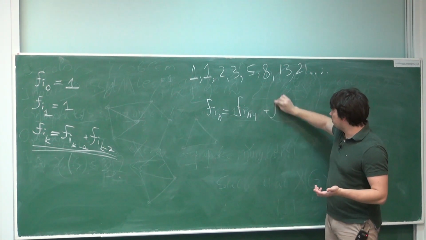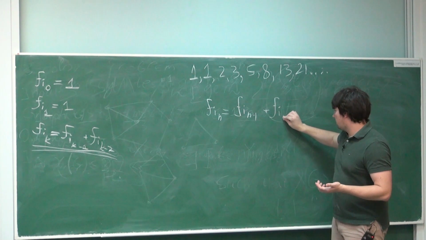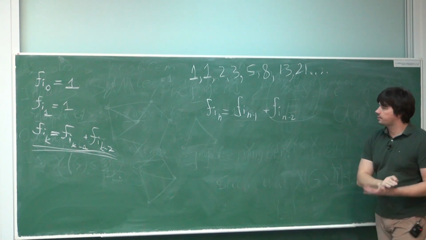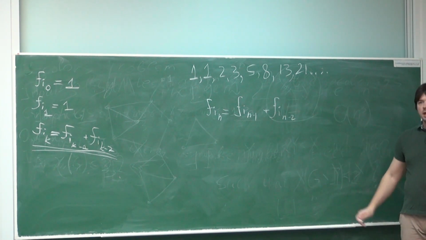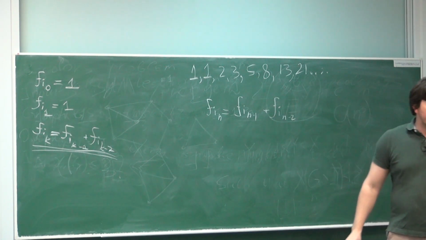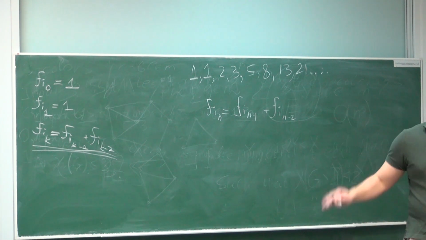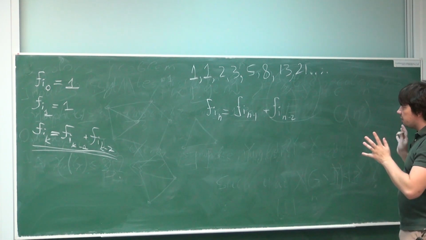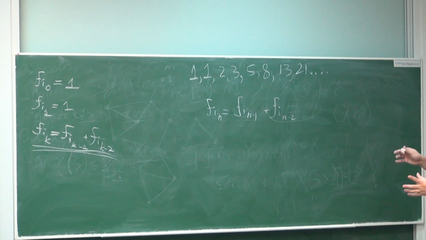And then you need to compute phi n minus 2. And if you do that, you'll find yourself with a horrifyingly slow exponential type algorithm, right?